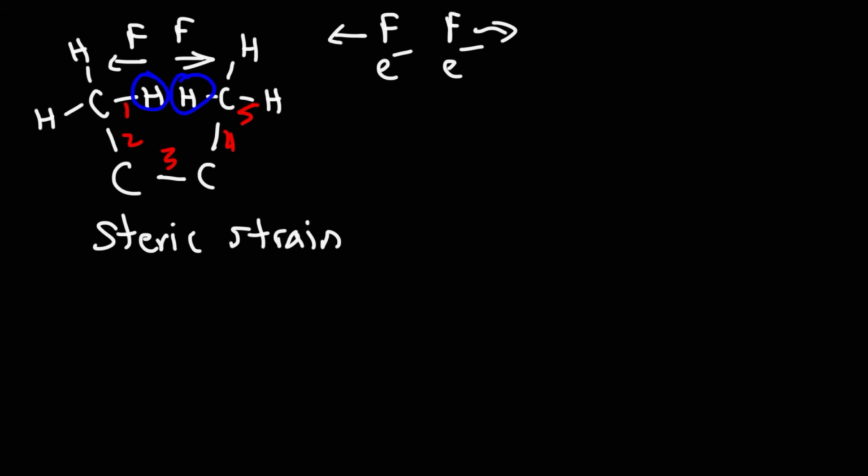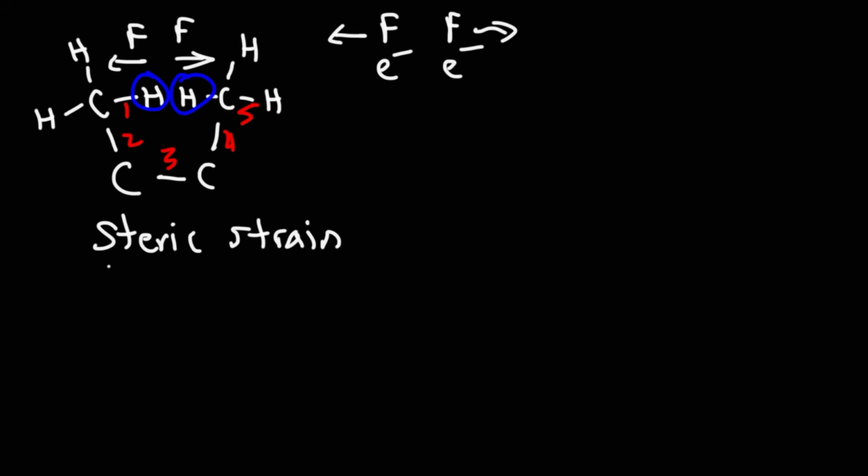So that's the difference between torsional strain and steric strain. Steric strain arises from when atoms get close to each other and their electron clouds repel each other. Torsional strain has to do with the electrons in the bonds that repel each other whenever you have an eclipse conformation.